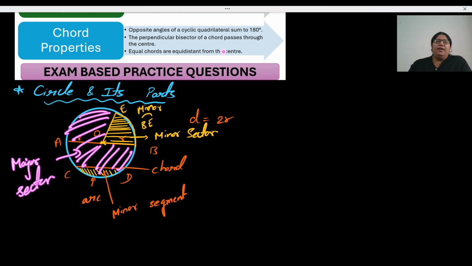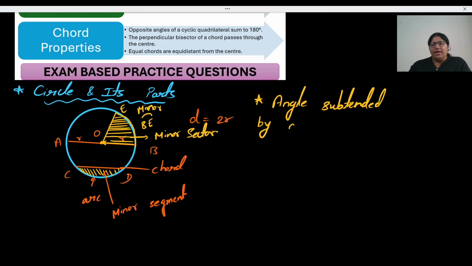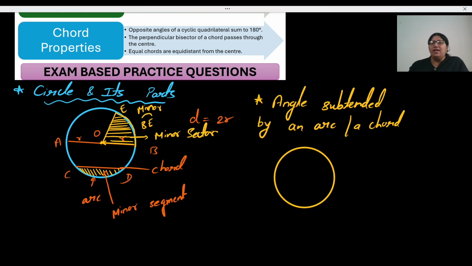Then, because we will be learning theorems on how angles behave, and most of the time you will be finding the measure of an unknown angle or sometimes sides, if I say angle subtended by an arc, what is this word? Subtended means made by an arc or a chord. What does that mean here? I have to take a circle and any arc.